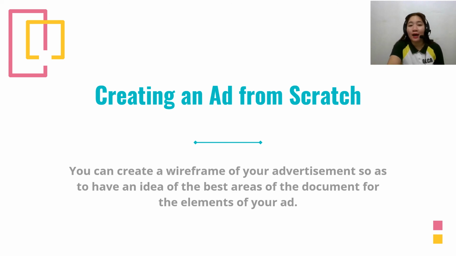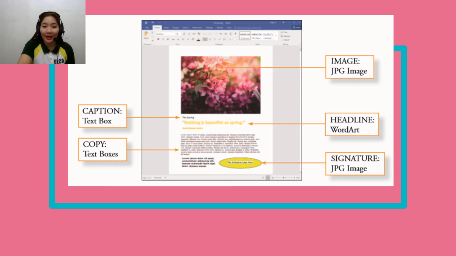The following sample, class, is a recreation of one of the designs created using Word that was featured earlier. Let us dissect its ad design and what Word elements were used to make each one. We have here the caption text box.